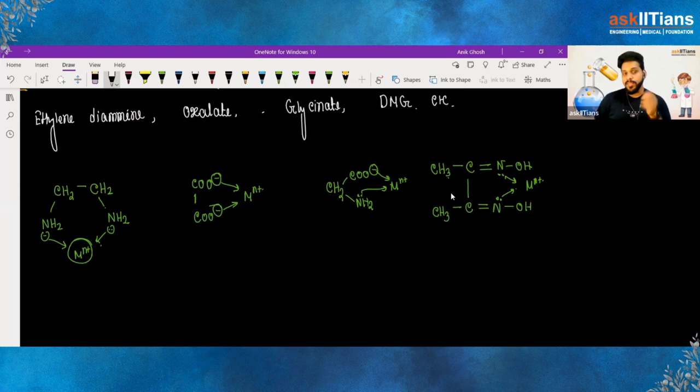Now, guys, they are not always given in terms of full names or structures. Sometimes they use abbreviations. Ethylene diamine has an abbreviation of EN. Oxalate is OX or C2O4 2-. Both of the abbreviations are being used. Glycinate goes by the name of Gly. DMG, it's an abbreviation, I guess.